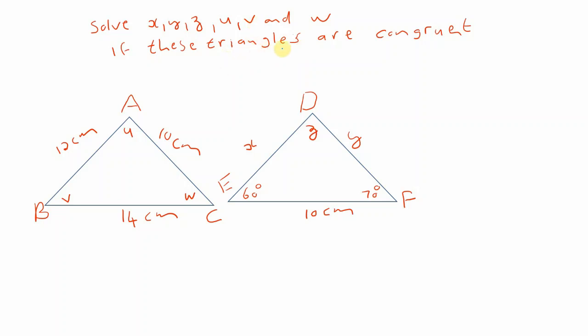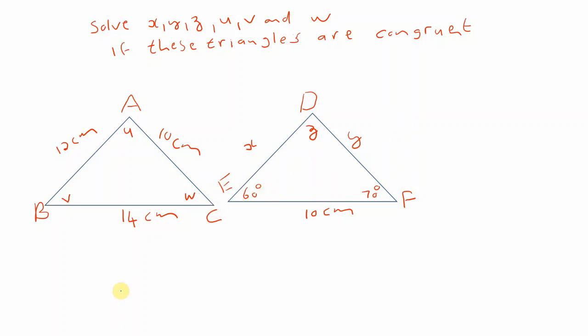This one is very important in terms of one of the questions that in fact appears in your investigation. So we have triangle ABC and triangle DEF. We are assuming they are congruent, so it's the same shape and the same lengths. We can actually fit them on each other.